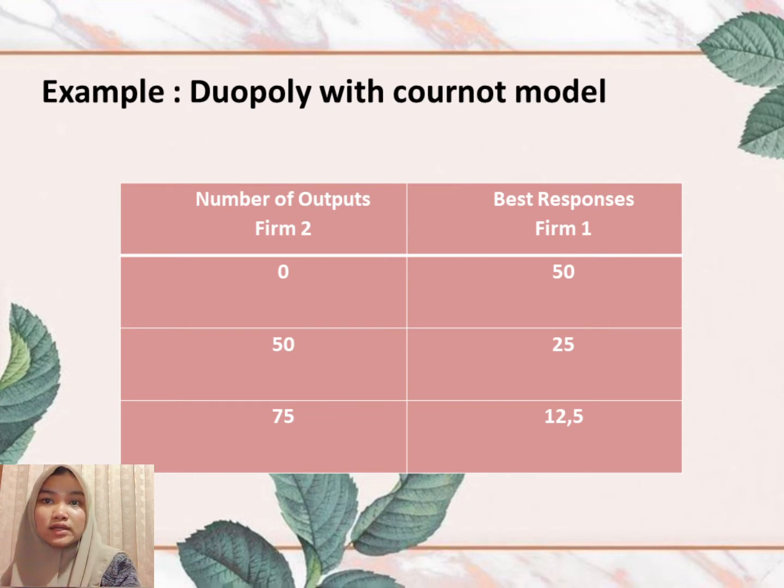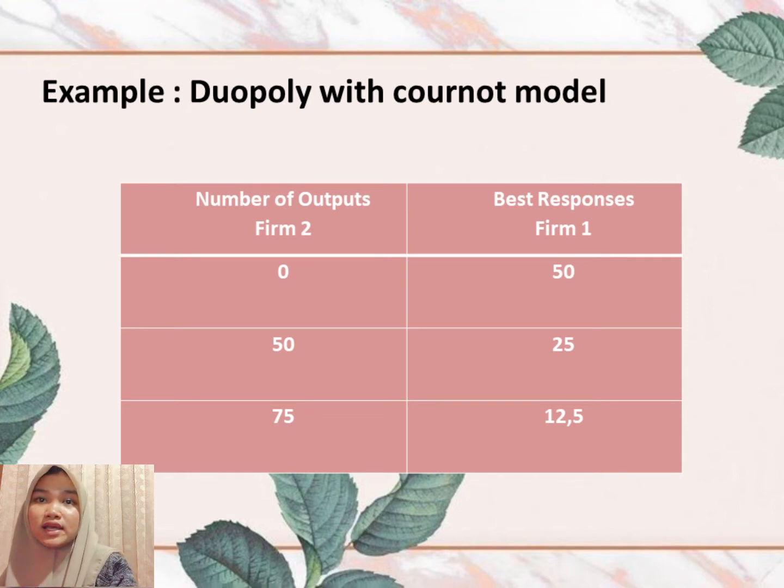For company 1, the best response when company 2 produces 0 units is to produce 50 units. So when the output produced by firm 2 is 0, the best response for firm 1 is 50. So they have to produce 50 goods.